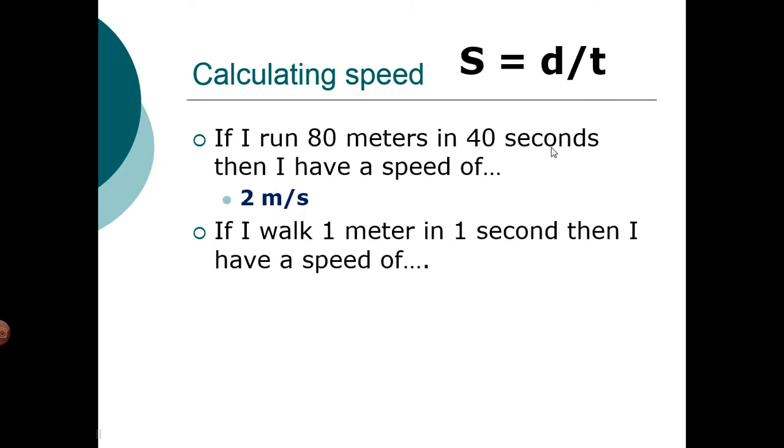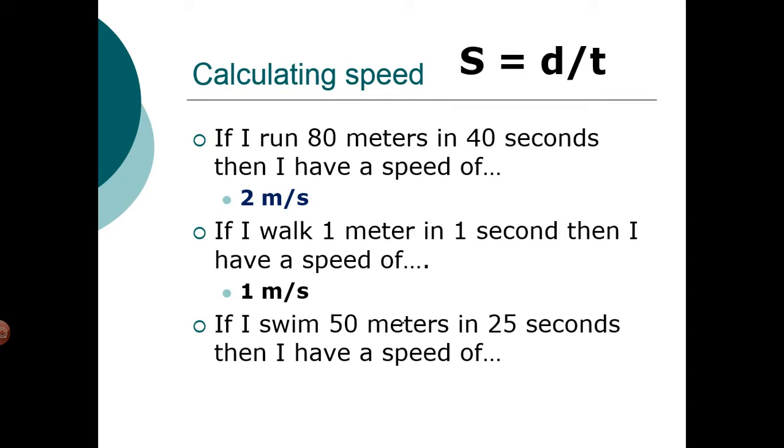If I walk 1 meter in 1 second, then I have a speed of 1 meter divided by 1 second, which gives you 1 meter per second. And finally, if I swim 50 meters in 25 seconds, what is my speed? 50 meters divided by 25 seconds is 2 meters per second.